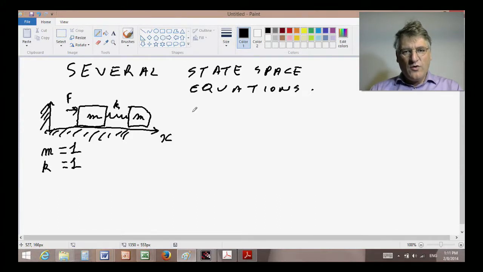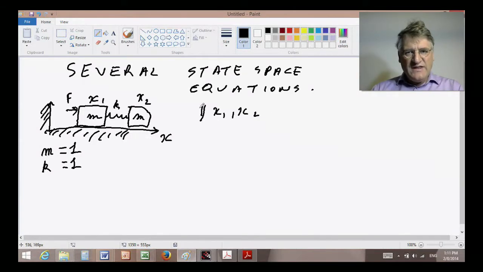First, what we call regular coordinates, where we call x1 the position of the first mass and x2 the position of the second mass. So that's a first way to describe this system. x1, x2, okay.